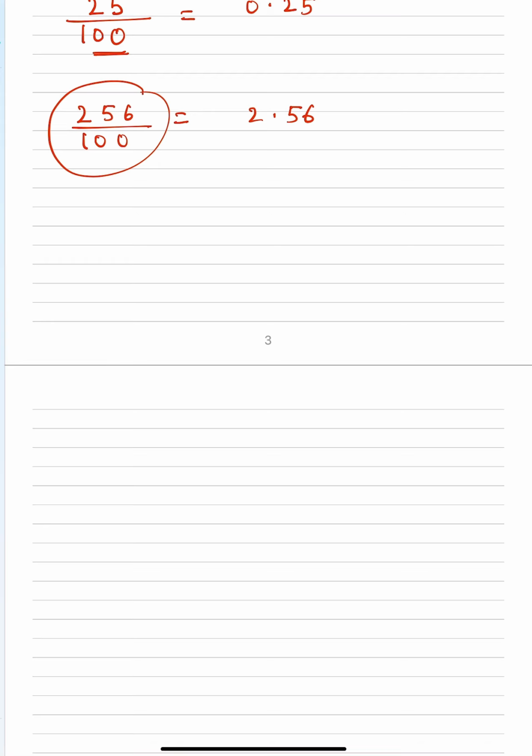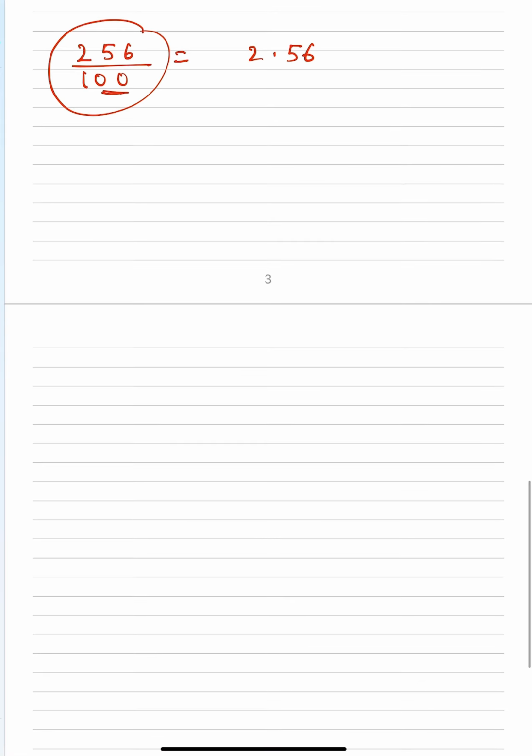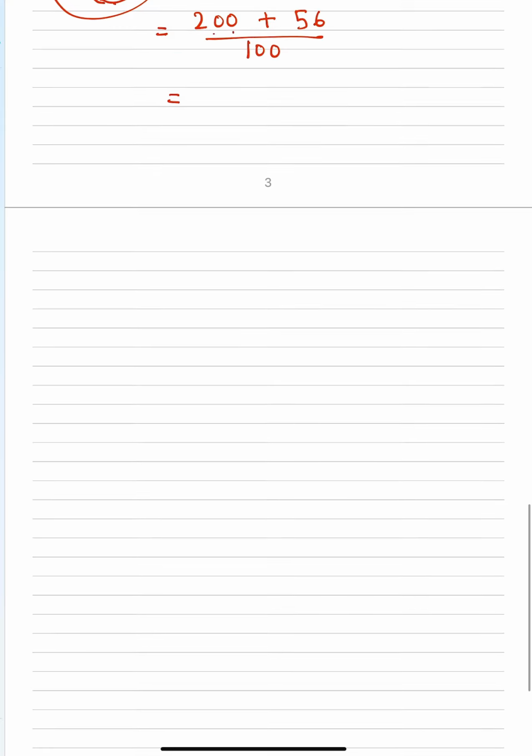Because there are 2 zeros, I want 200 plus 56, whole upon 100. We separate 2 digits because we have 2 zeros. So 200 upon 100 plus 56 upon 100, which is equal to 2 plus 0.56.